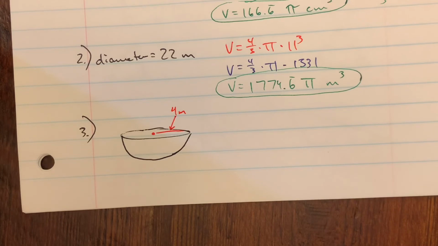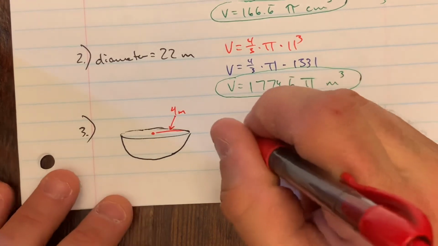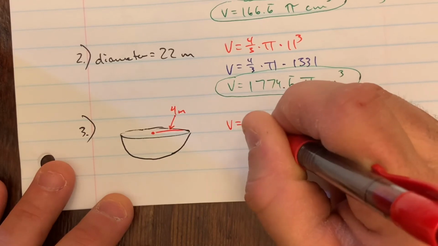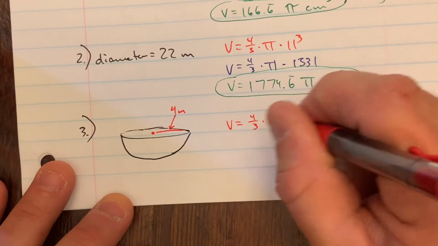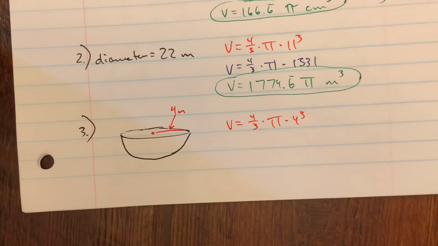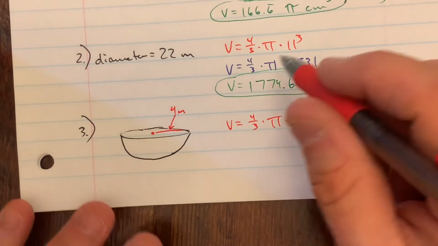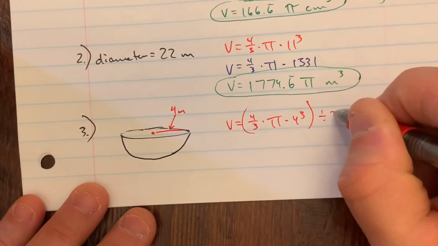Now, let's think about this in terms of logic. If volume equals 4/3 times pi times 4 cubed for finding the volume of a sphere, for a hemisphere, I just got to cut that in half at the end. So if I want to multiply by half at the beginning, you can, or you can just take your answer at the end and just divide it by 2. It doesn't really matter. I just like to divide it by 2, personally.